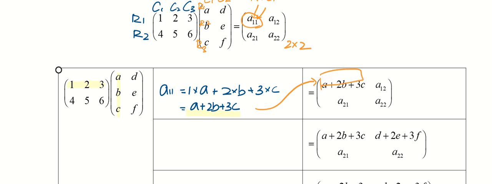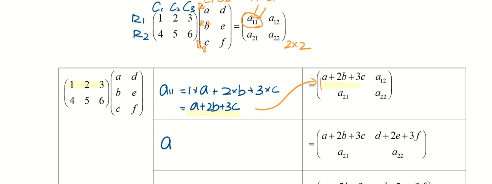Now, if you want to look at A12, you take row 1 and multiply it by column 2.